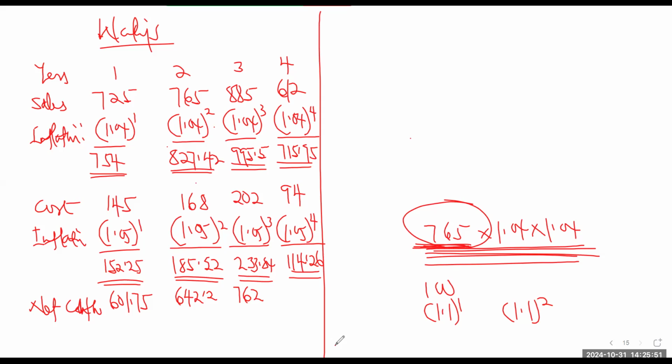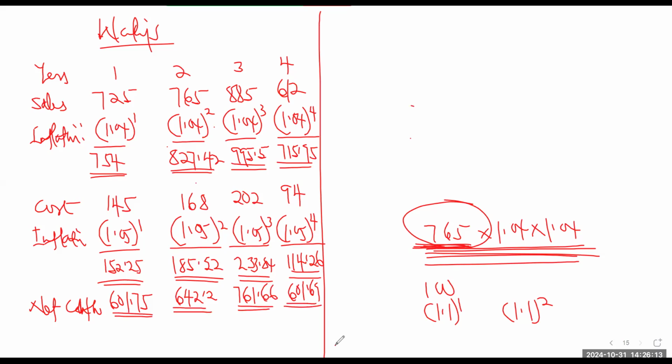No, I want the third year. The third year is 761.66. So these are the net cash flows that we are going to be discounting now.